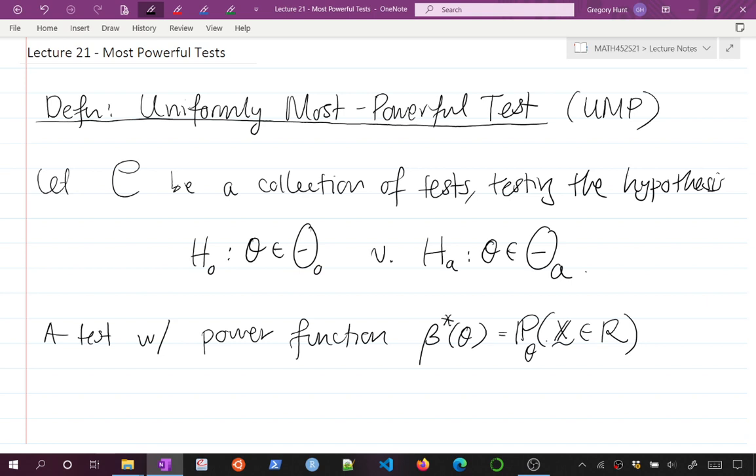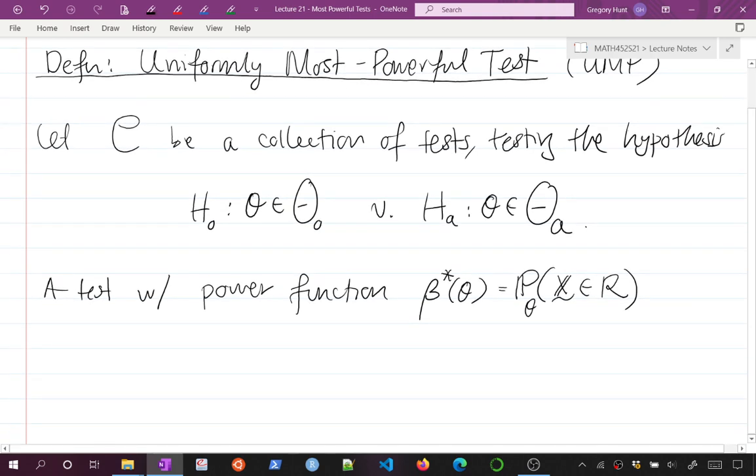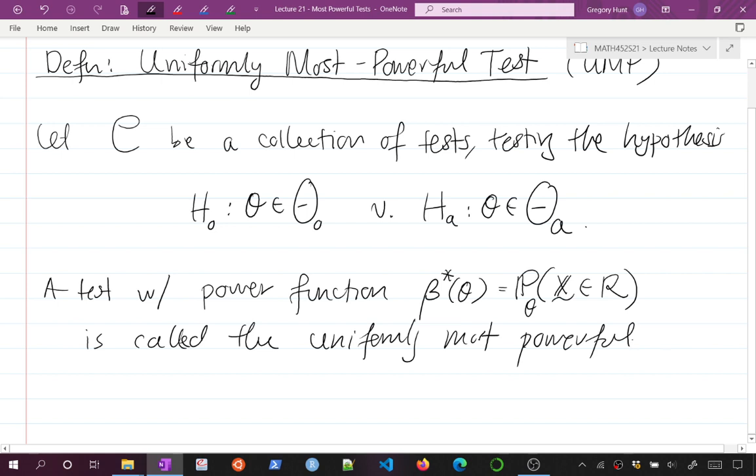So for any test in my class, it's going to have some power function. If I have a particular test in this class, and it has a power function, let's call it beta star. So I pick a test that has a power function called beta star. A test with this function is called the uniformly most powerful test, or UMP, and I'll say parenthetically for this collection.